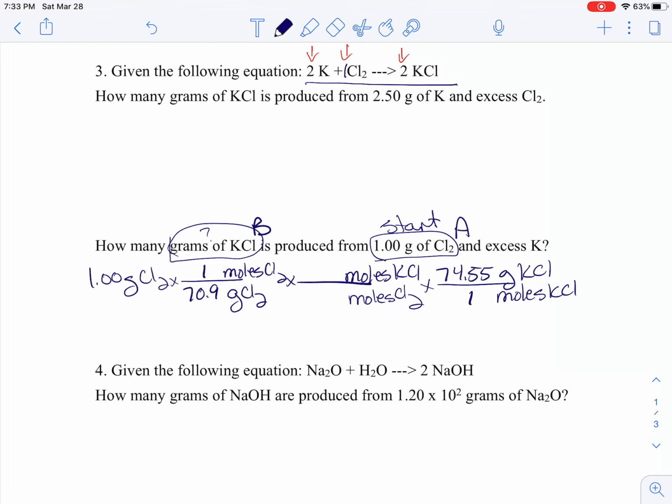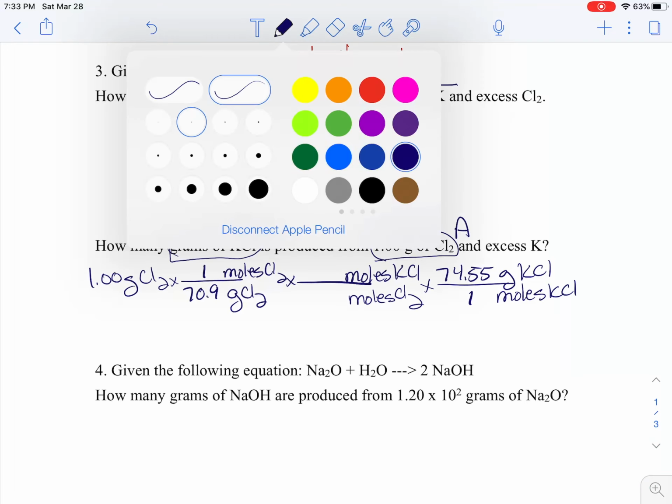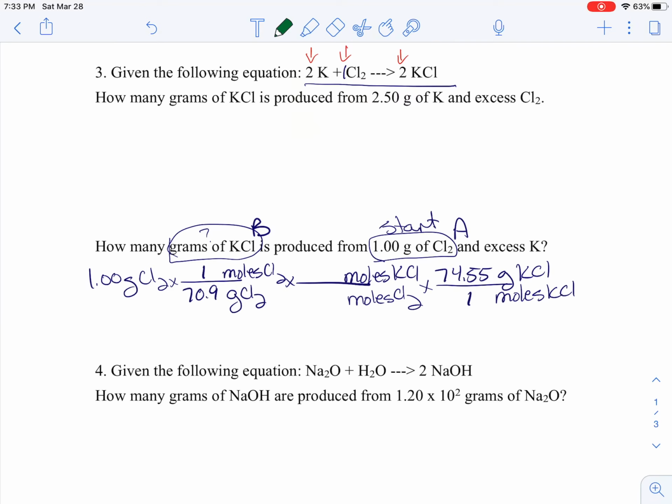So the molar ratios in the middle then come from the coefficients. So the coefficient for KCl is 2, and the coefficient for Cl2 is 1. So therefore, we're going to put a 2 for moles of KCl and a 1 for moles of Cl2.